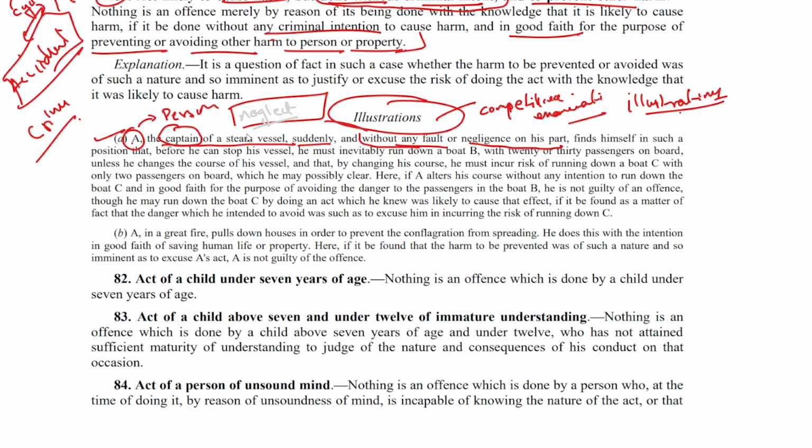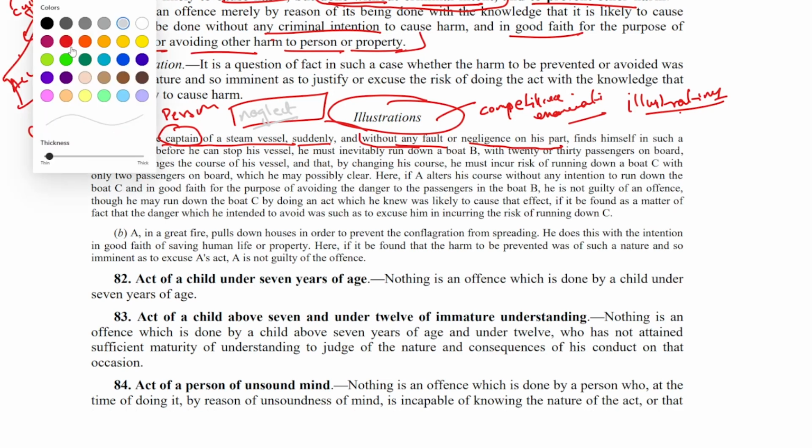We cannot take that defense. We have to make sure that our act is not a negligent act or any fault on our side. This is a very important requisite, and you need to remember it whenever there are any factual questions in front of you.